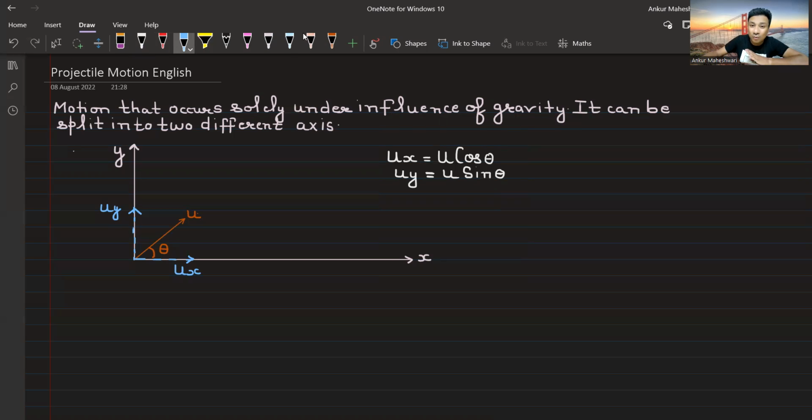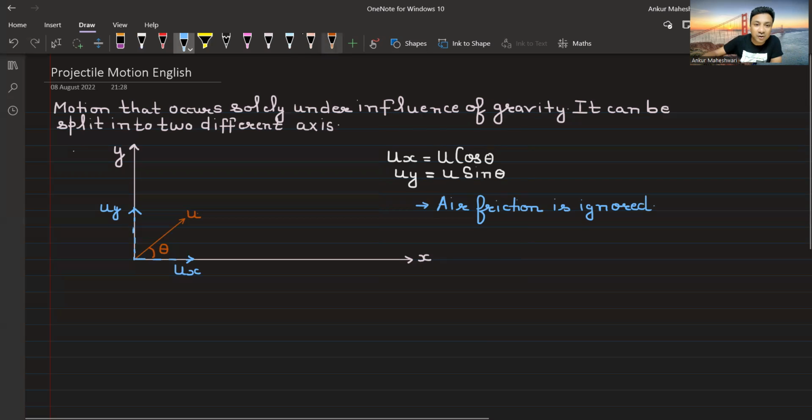That is, there is no air friction. So here air friction is ignored.